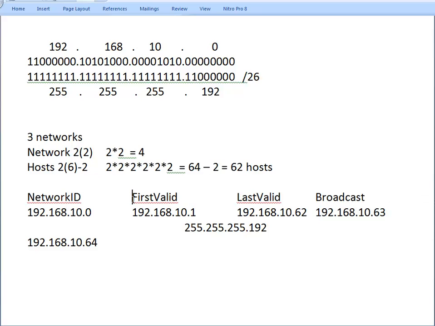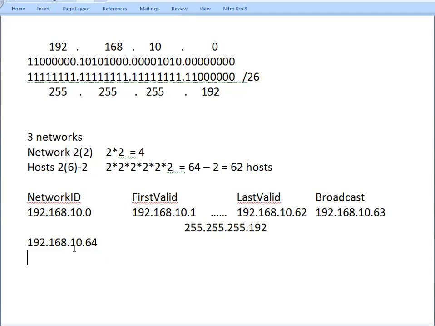That's your first valid up to last valid, so different addresses from 1 up to 62: 10.1, 10.2, 10.3, 10.4, up to 10.62. All of them will have the same subnet mask.